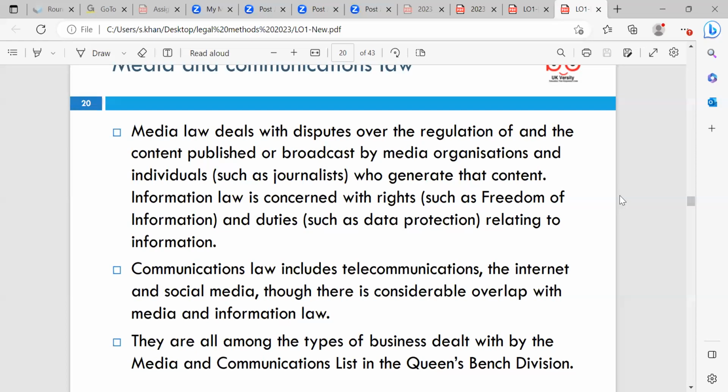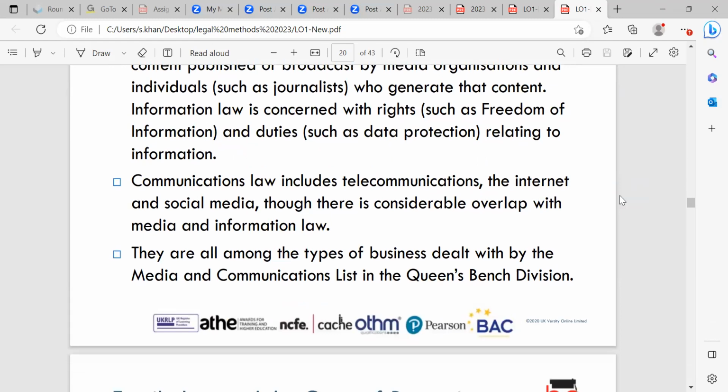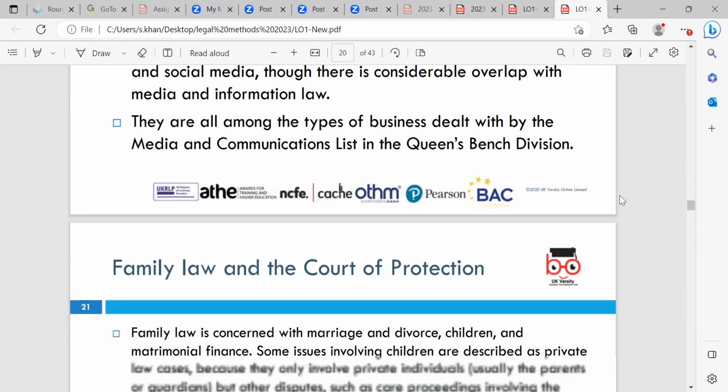Communications laws include telecommunications, the internet, the social media, though there's considerable overlap with media and information law. They are among the types of businesses dealt with by the Media and Communications list in the Queen's Bench Division.